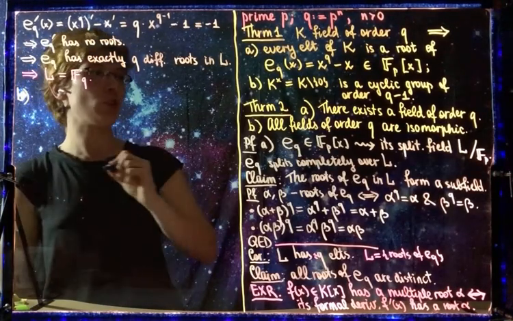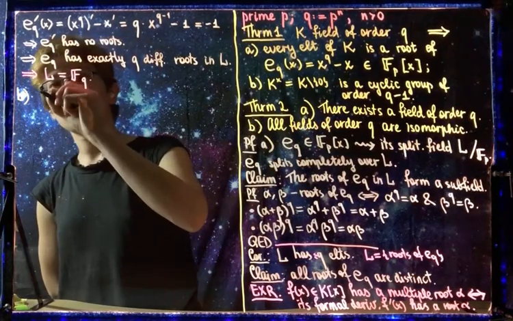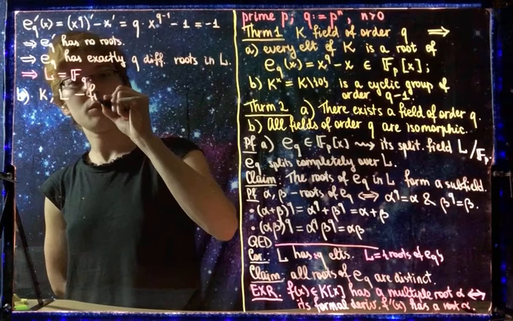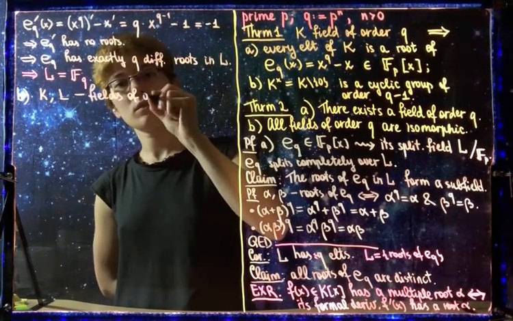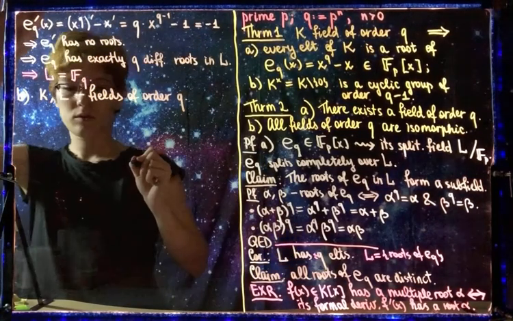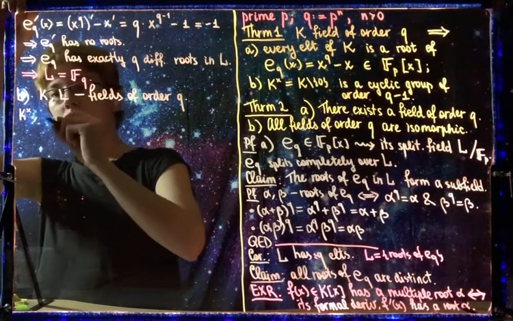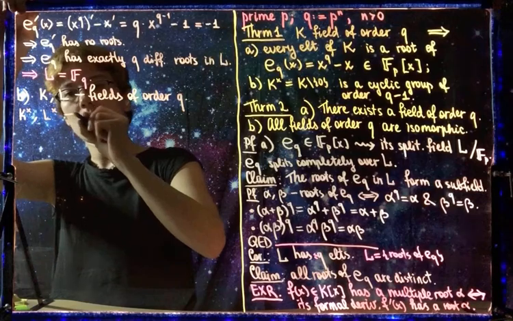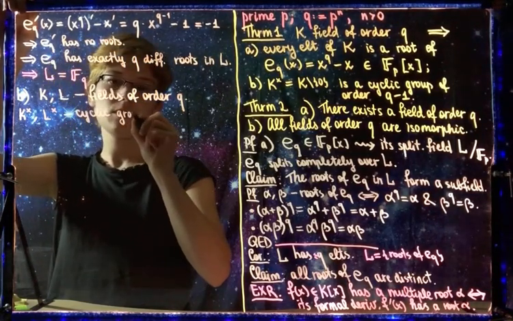And now I'm showing that any two fields of order q are isomorphic. So let's say that K and L are two fields with q elements. We know that K star and L star are both cyclic groups.